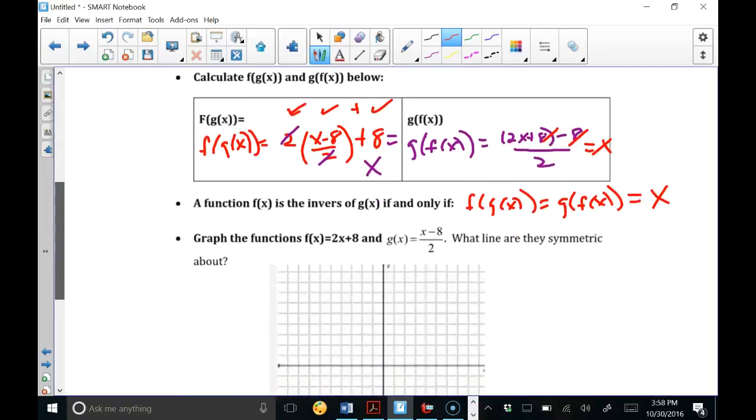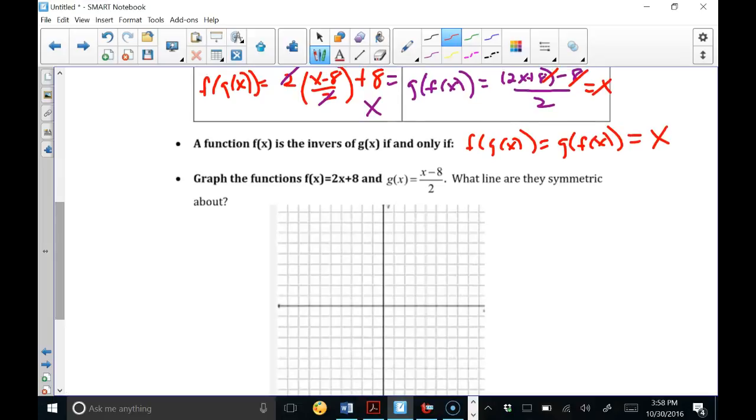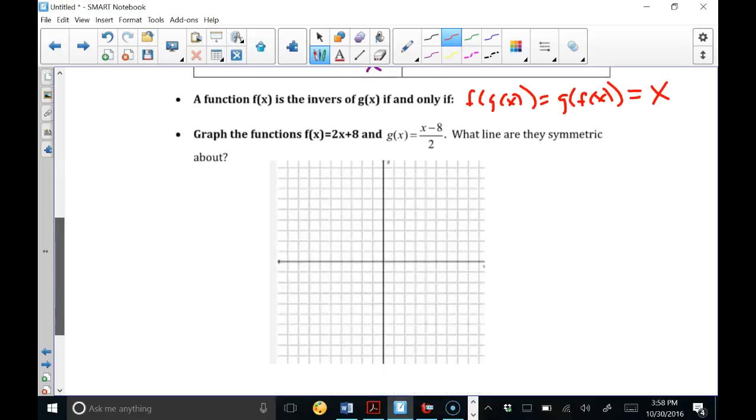Okay, now the last piece here. What happens when two functions are inverses? What do their graphs look like? Well, let's start off with f of x. I'm going to go up 1, 2, 3, 4, 5, 6, 7, 8.